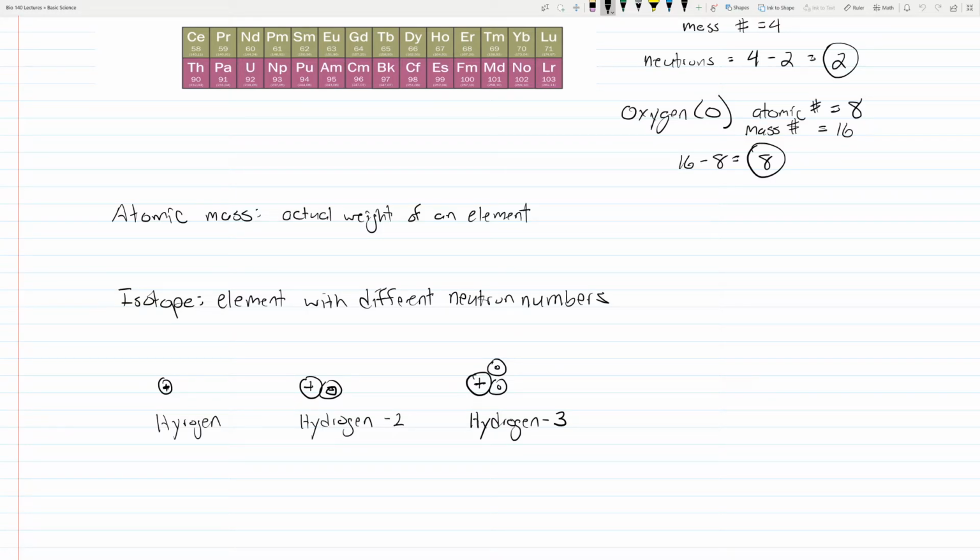So now let's just say, for example, we have oxygen. We know oxygen has a mass number of 16 and an atomic number of 8. So oxygen has 8 neutrons. There are some forms of oxygen that have 7 neutrons in it, but is it still oxygen?